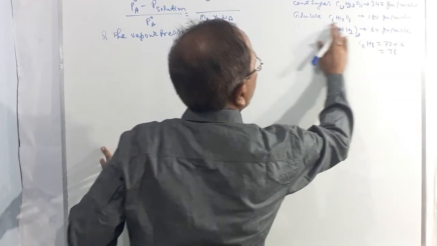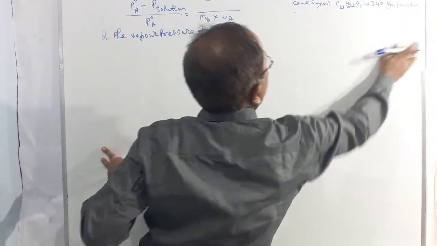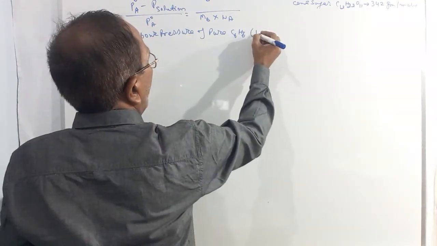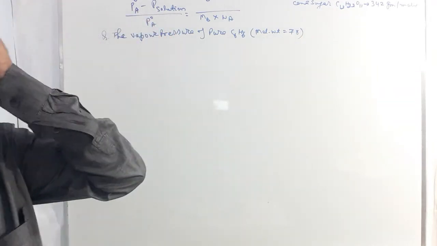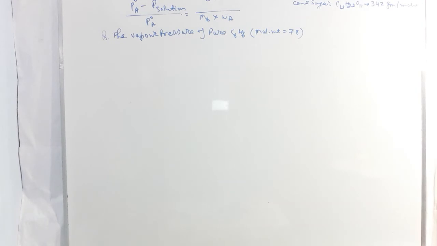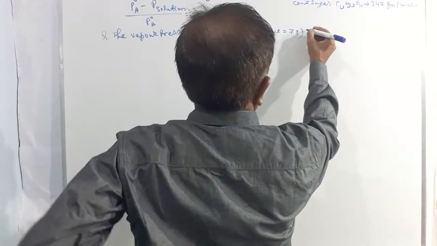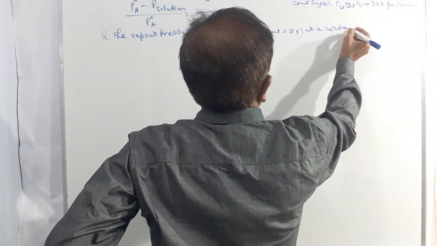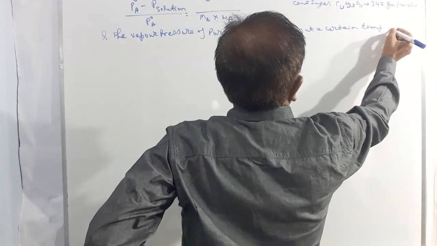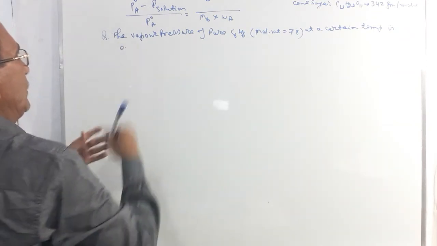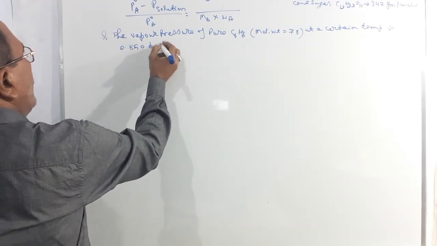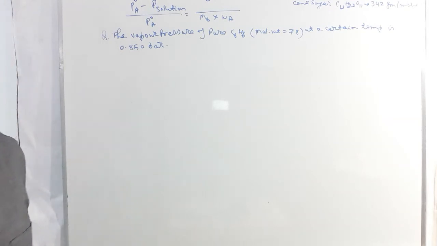Pure benzene molecular weight 78 gram per mole, at a certain temperature is 0.850 bar. Clear?